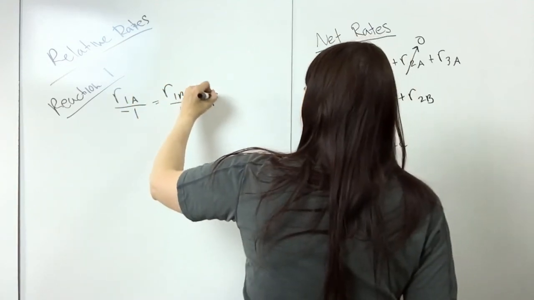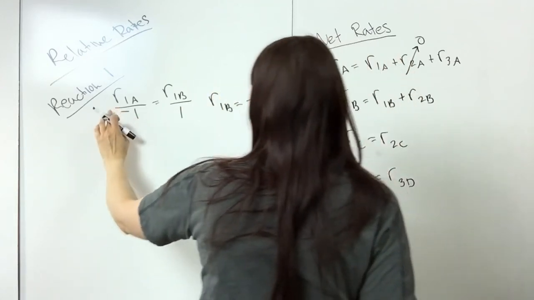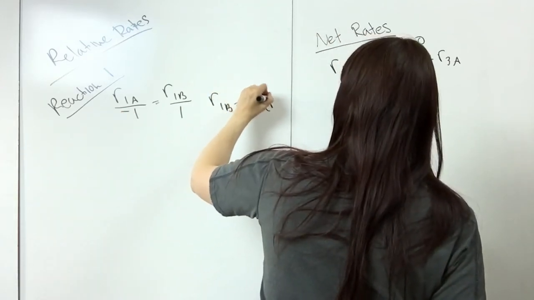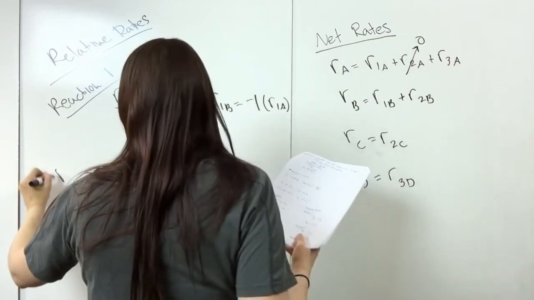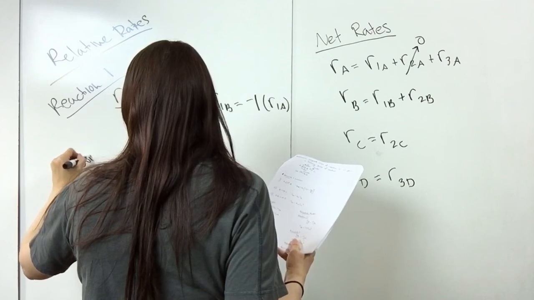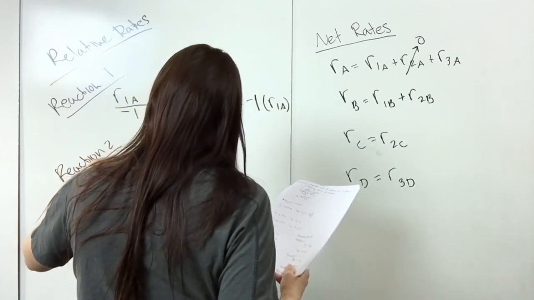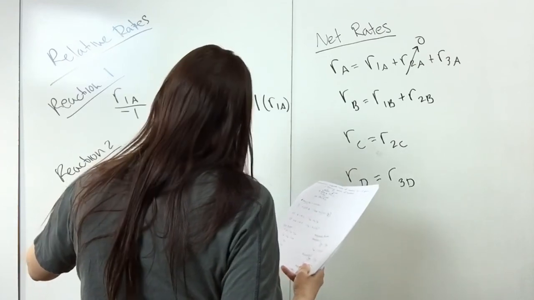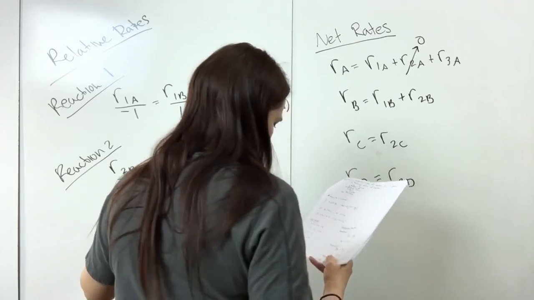So then R1B is equal to minus 1 multiplied by R1A. For reaction 2, you had R2B over minus 1 is equal to R2C over 1.